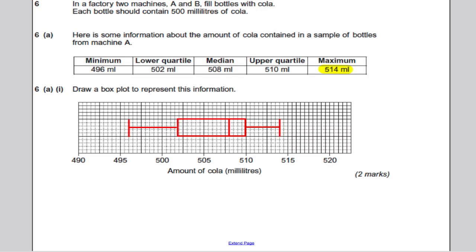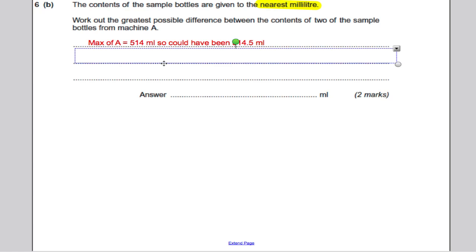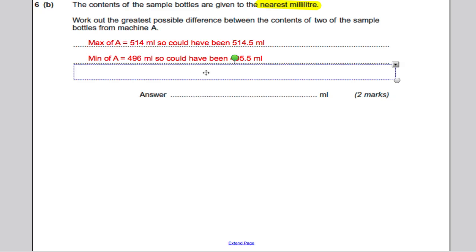Let's go back again. If we see the minimum was 596, and again, remember, it was rounded to the nearest millimeter, that means it could have been 595.5. So, to work out the greatest possible difference, I'm going to do 514.5 take away 595.5, which gives me 19.